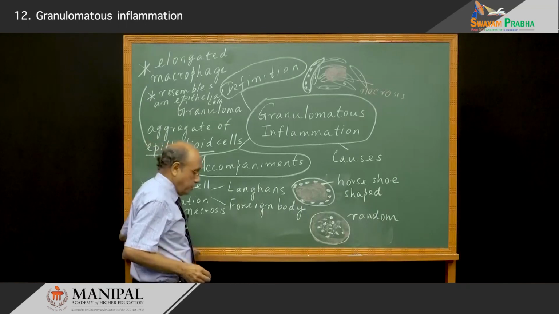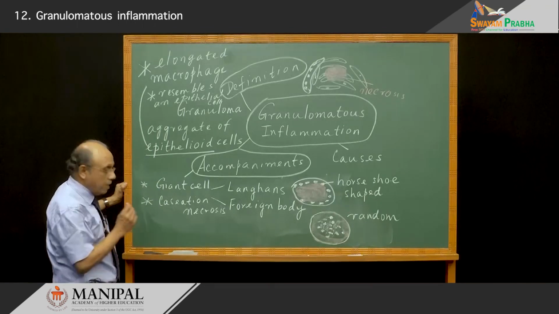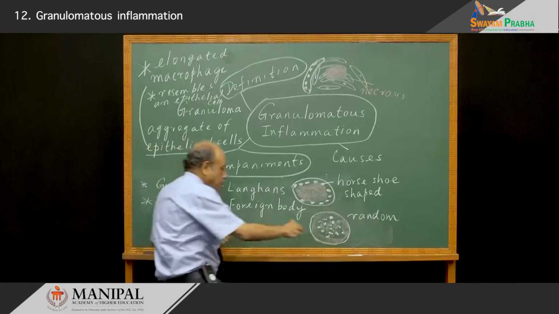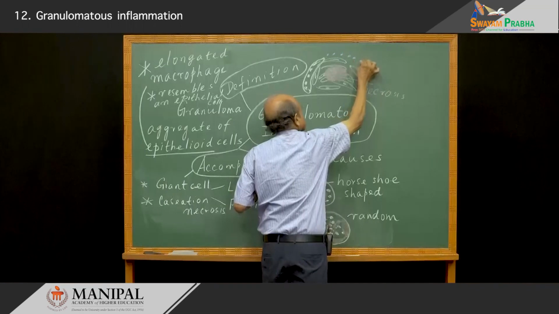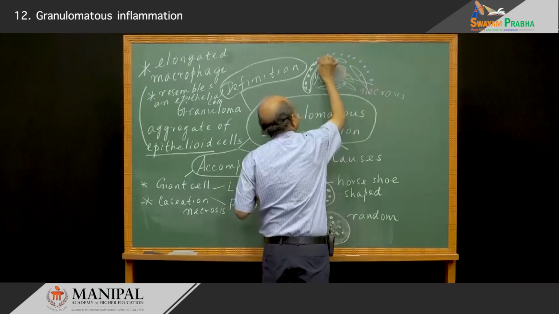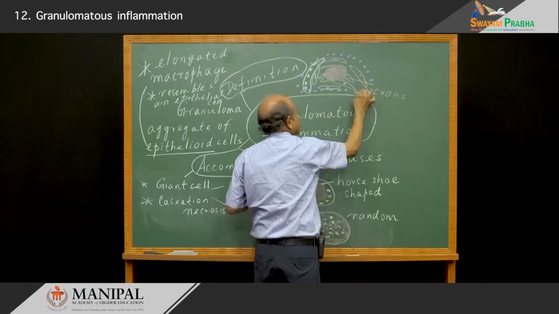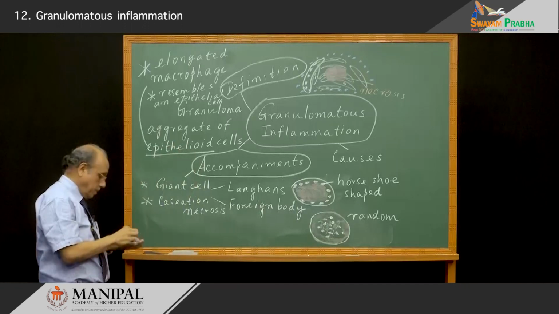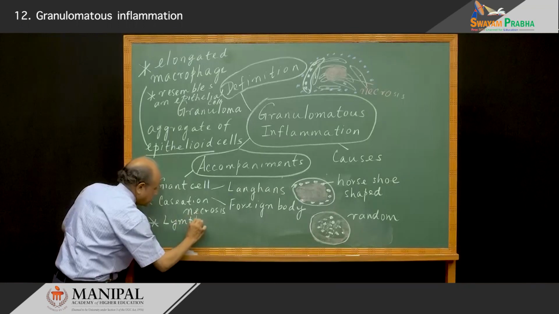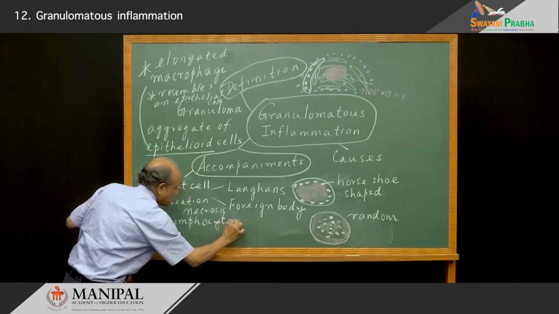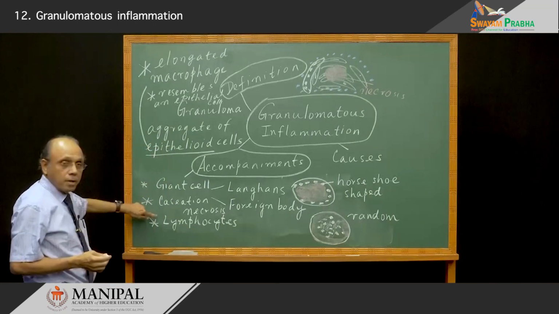The third accompanying feature of this granuloma is the presence of lymphocytes. Around the granuloma you get lymphocytes. So, lymphocytes constitute the third accompanying feature in a granuloma.